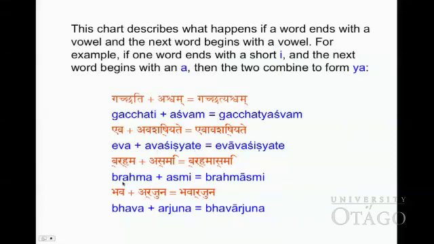The next example, Brahma plus asmi, a plus a, changes to long A. So Brahma plus asmi will change to Brahmasmi. The last example, bhava plus arjuna, a plus a.